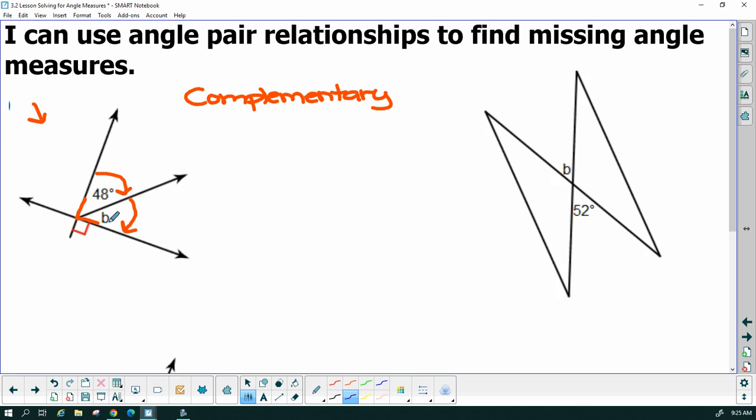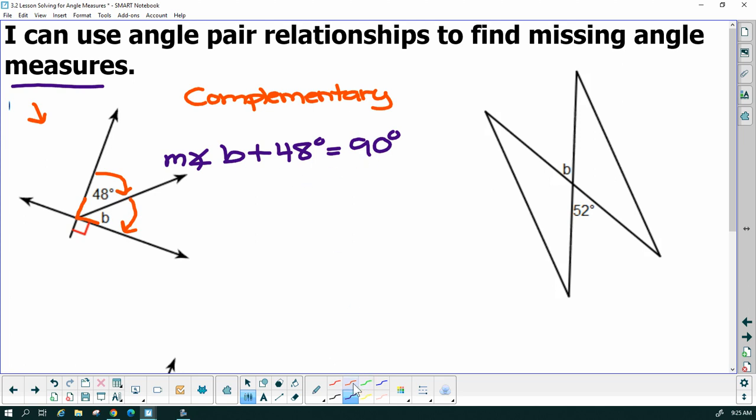And so I'm going to write that the measure of angle B, which is what we want to find, the missing angle measure, plus 48 degrees should be equal to 90 degrees. And that represents two complementary angles should add to 90.